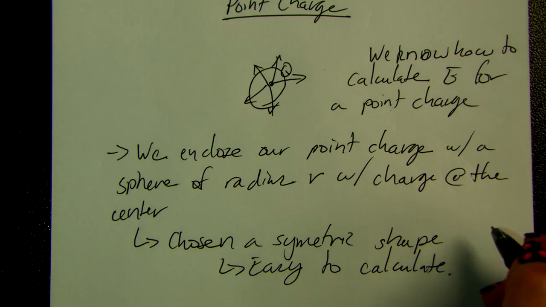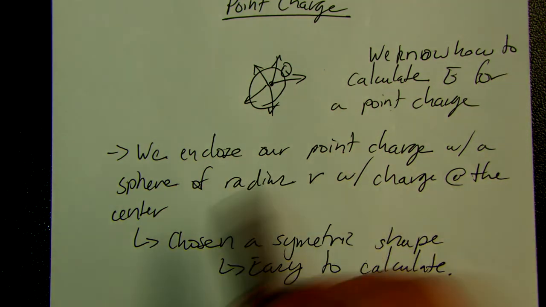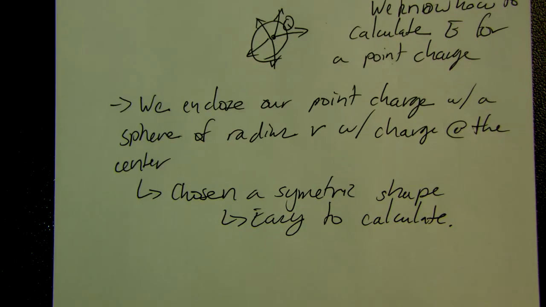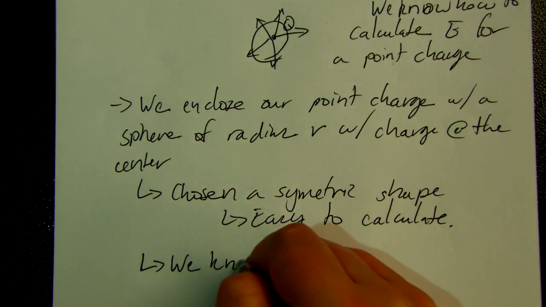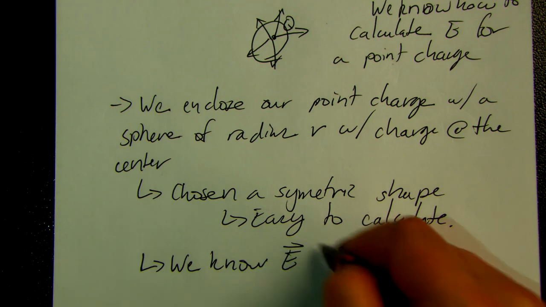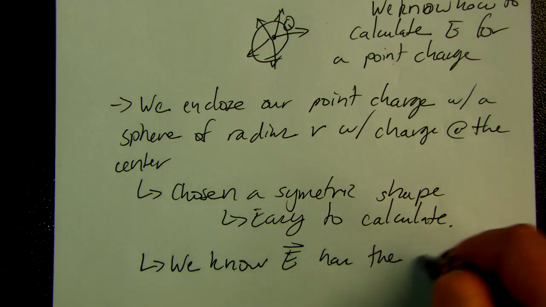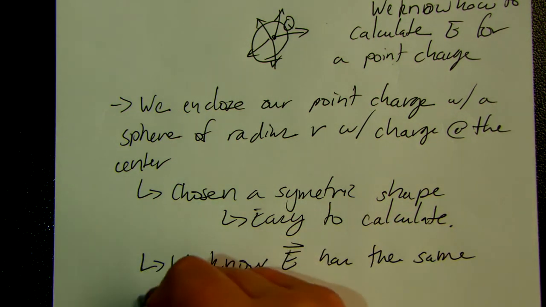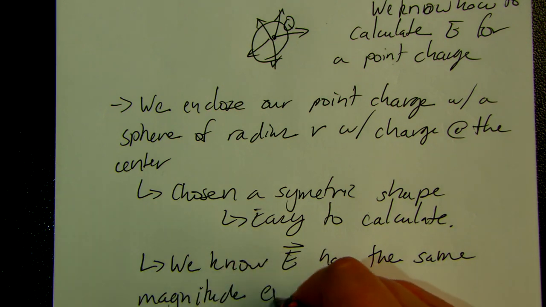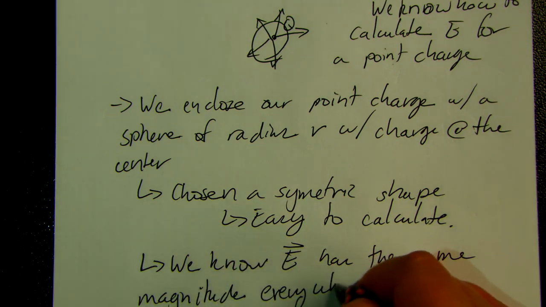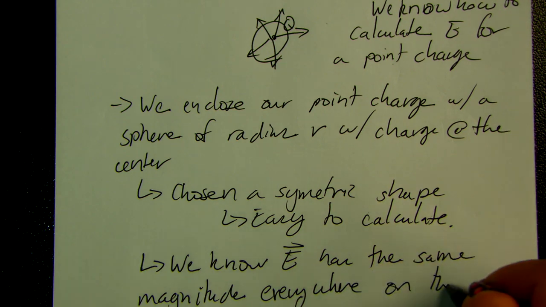All right, so if we enclose a point charge within a sphere, we know E has the same magnitude everywhere on the surface.